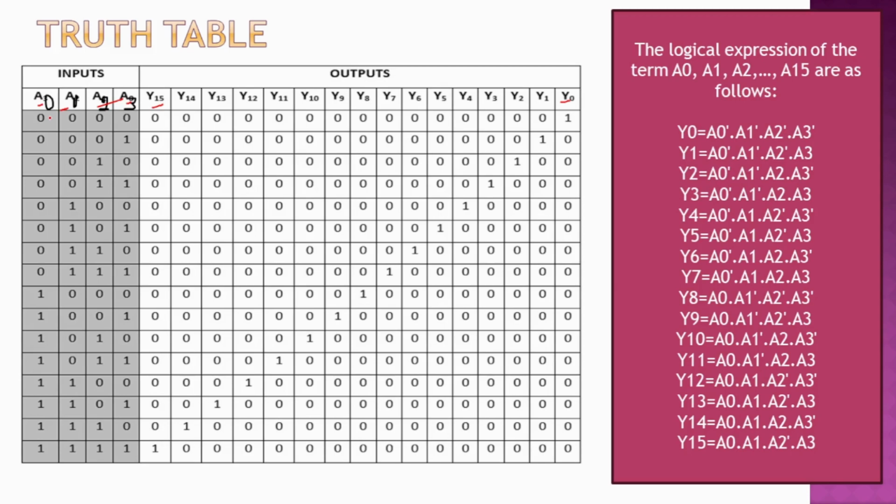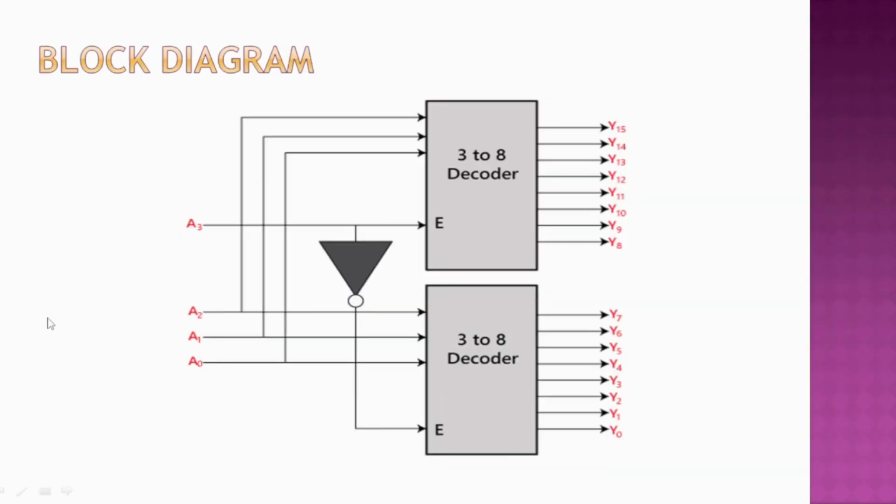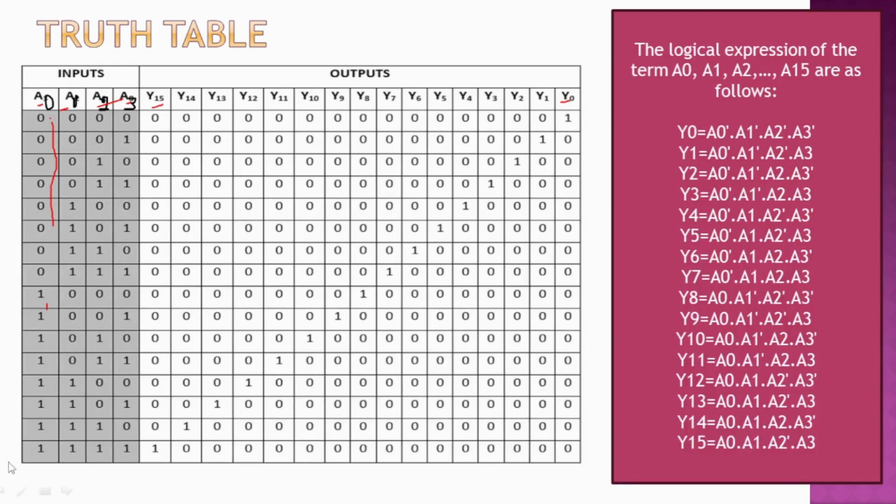For the first input, that is A0, you need to fill the input values as 0101. For the second input, A1, you need to fill with 0011. Third input, that is A2, fill with 0000. Fourth input, A3, 0101.